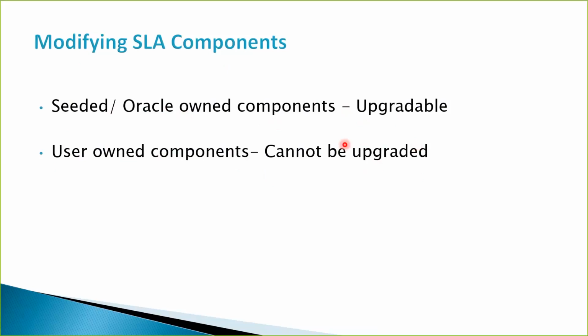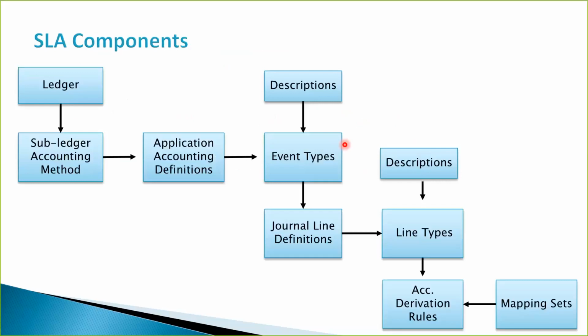So keep that in mind. If we want to make any modifications to these features, we have to first clone them or copy them, make a copy of them, and then now we can make whatever changes we want to those components, and then they will create accounting the way we want it to be created or according to the user needs.